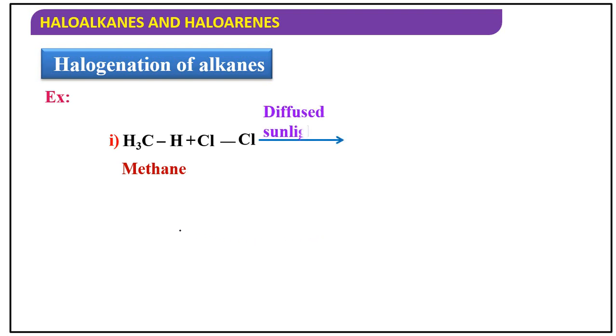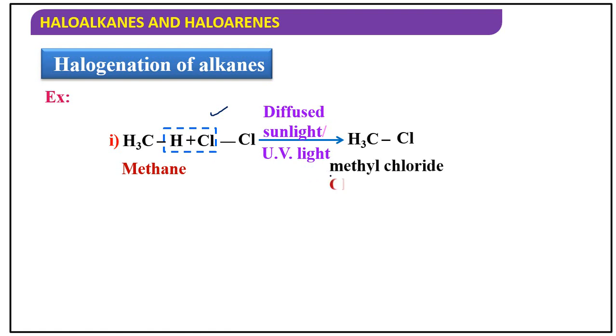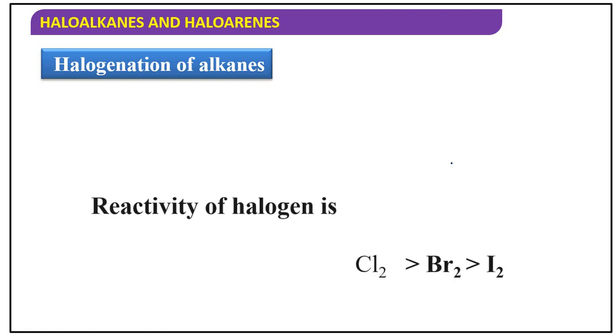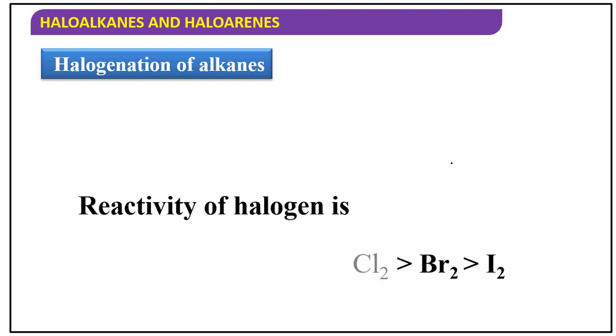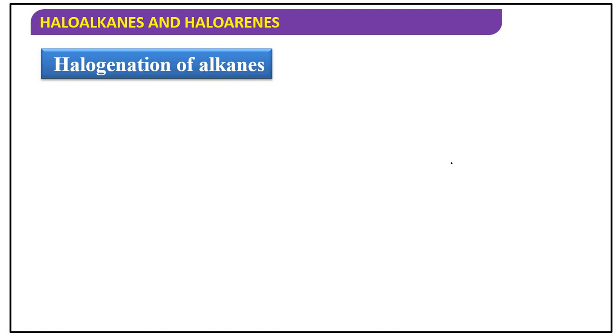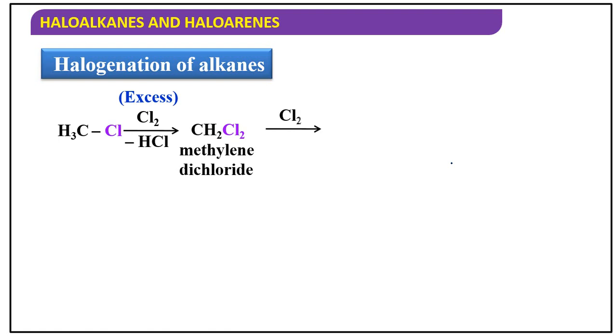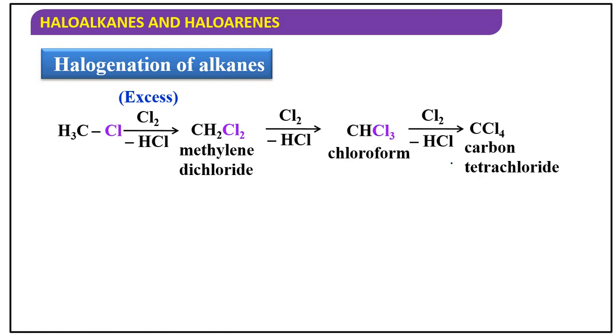Suppose you take methane plus chlorine, as we already learned in class 10th, we will get chloromethane. Then if it continues with chlorine, it will give dichloromethane, then trichloromethane, then tetrachloromethane if you take excess of chlorine.